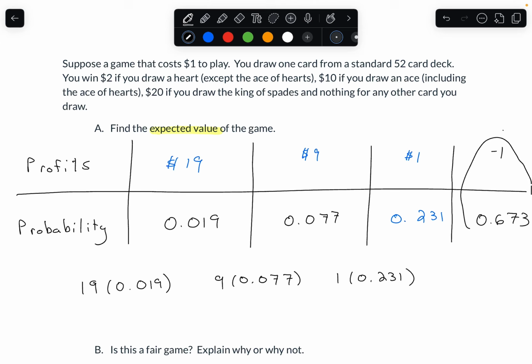Doesn't really matter that it's negative. I'm still going to take that -1 and multiply it by its probability. So -1 times 0.673. And once I have all of those, I'm going to just add the results. I'm just going to add all of these together. And you can do this all in one step if you want.